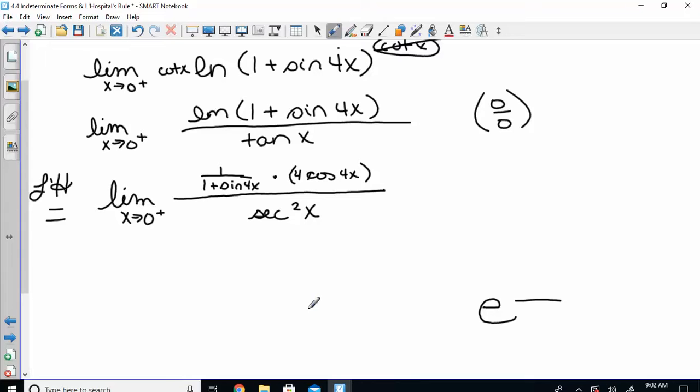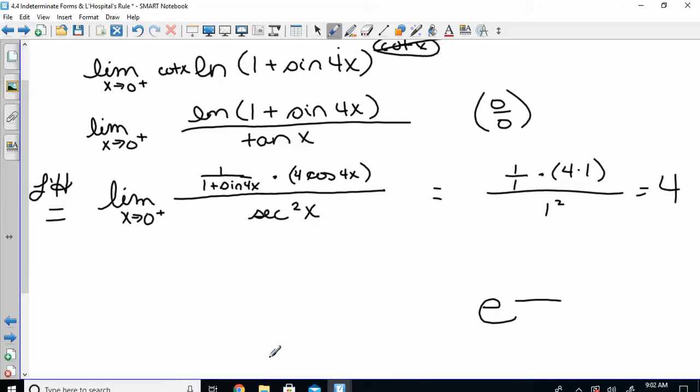Okay, we might have to clean this up some. If we plugged in 0, sine of 0 is 0, so we get 1 over 1 times 4. Cosine of 0 is 1, so if cosine of 0 is 1, secant is also 1. So we can evaluate this. I just get 1 times 4 divided by 1, which is 4.